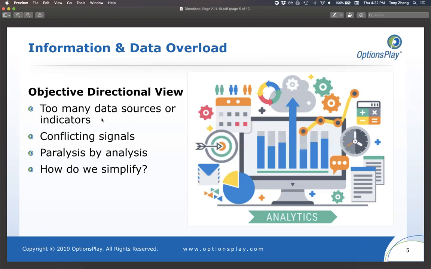Many times when you're looking at lots of different indicators, you actually get more conflicting signals than signals that confirm your view. We call this paralysis by analysis, where we have too many things to look at and become overwhelmed by it. So how do we simplify this? How do we filter out the noise and get to the information that we really want? That's the goal of what I want to achieve here today.